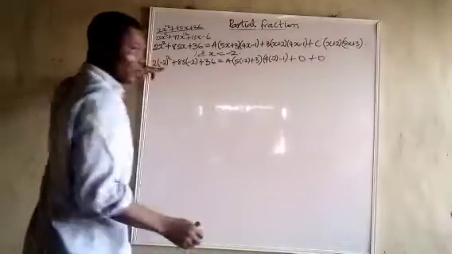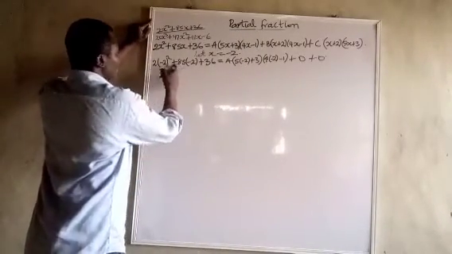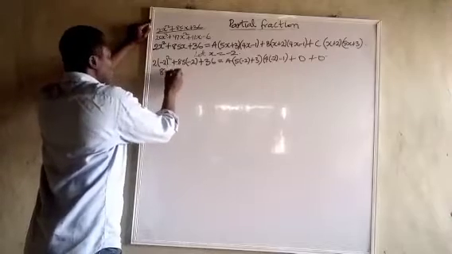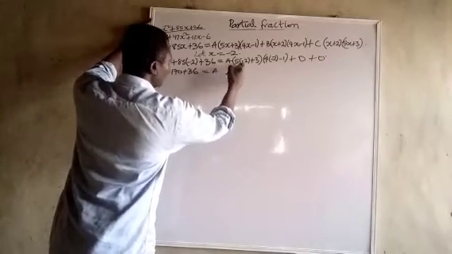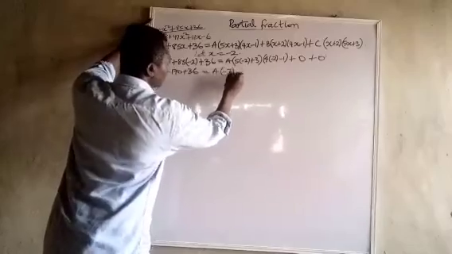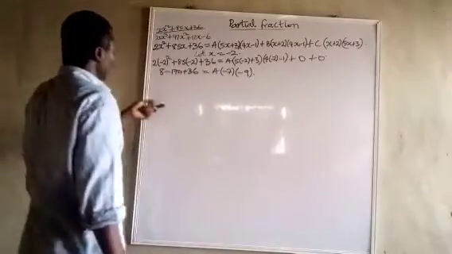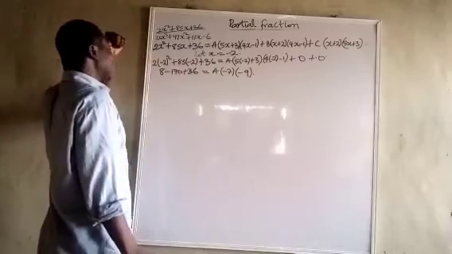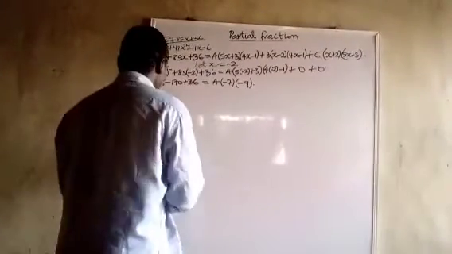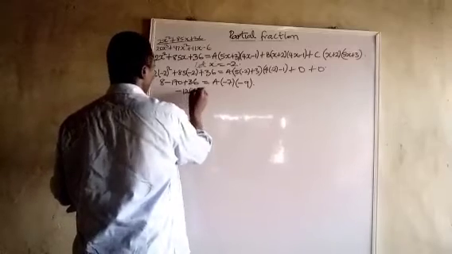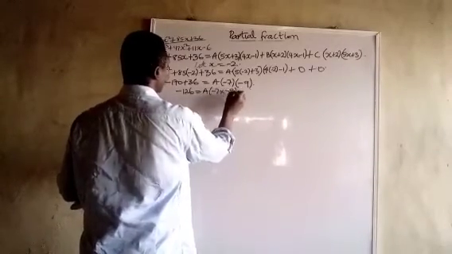So minus 2 squared is 4, and 4 times 20 is 80. 85 times minus 2, that's minus 170, plus 36. It's going to give me a into minus 10 plus 3, minus 7, times minus 8 minus 1, minus 9. So 80 plus 36, that is 116, minus 170 gives minus 54 is equal to a into minus 7 times minus 9.